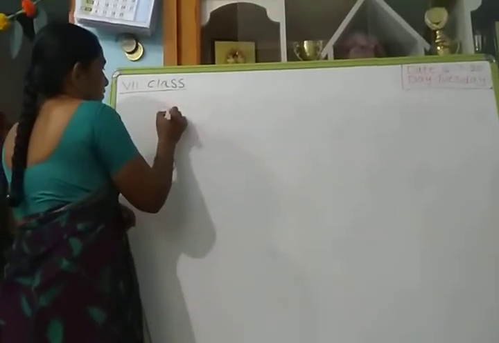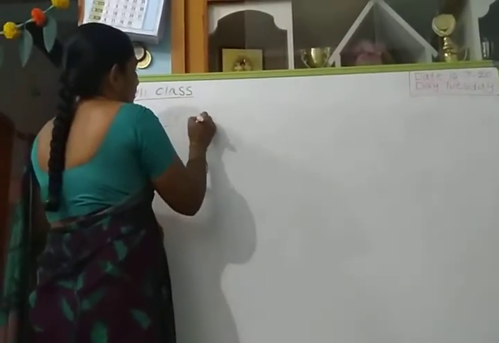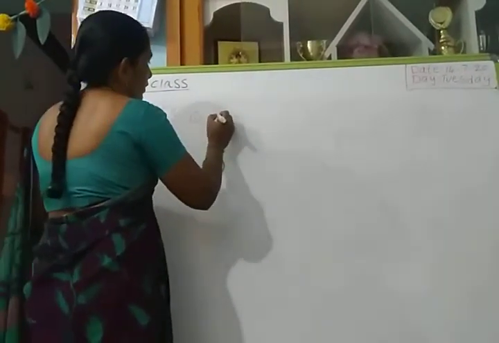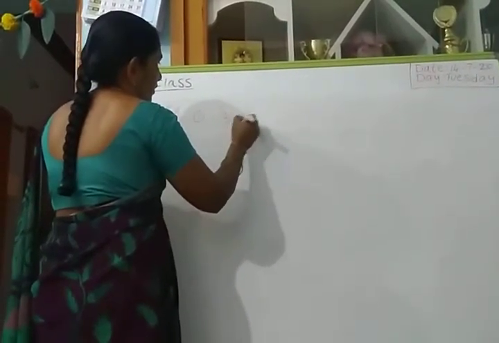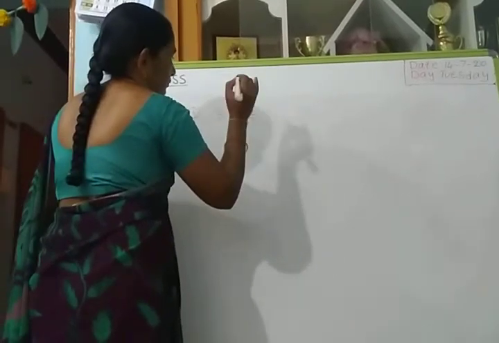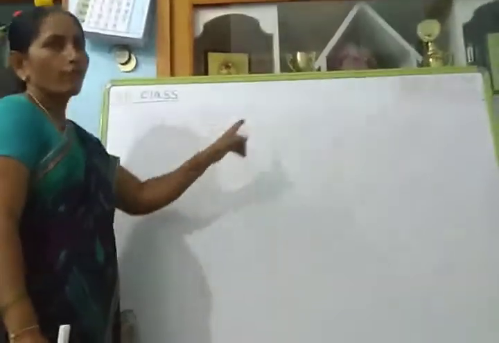Let us see some examples. Example 1. If they give a whole number and a fraction, 3 divided by 5 by 7.